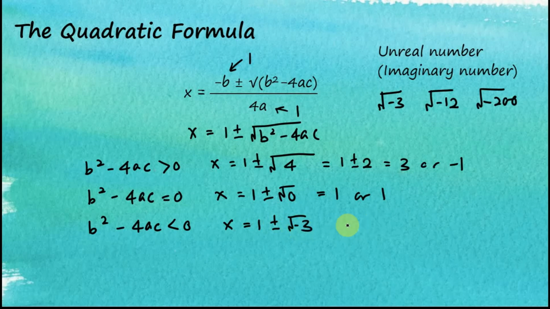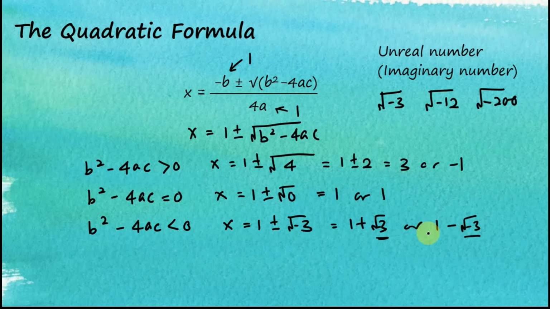Let's write it this way: 1 plus root negative 3 is one root, and 1 minus root negative 3 is the other root. Both of these are unreal because we have the square root of a negative number.